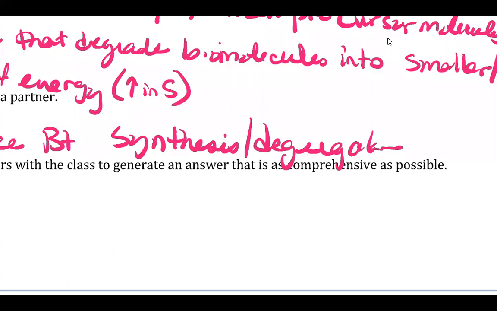Then we can exchange the degraded molecules with the surroundings, and then that's going to increase the entropy of the universe in general. So we'll have waste products eventually that are small, and they're going to be expelled out into the surroundings.